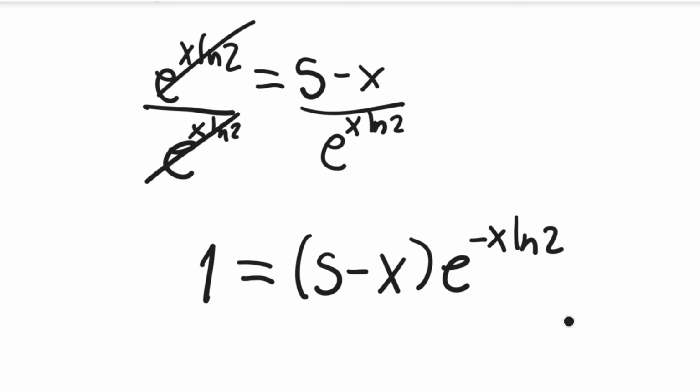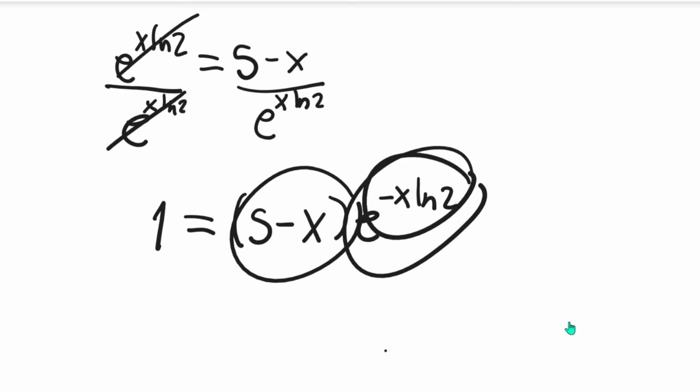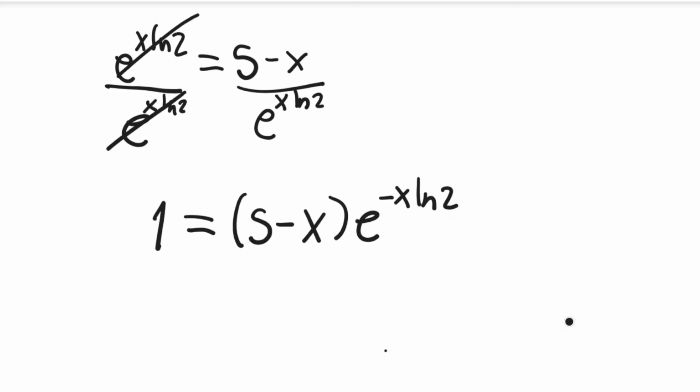And this is now getting into form because here we have minus x and minus x, but in order to get the omega function from here, we need the thing that is in the exponent and the thing that this is multiplied by to be the same. But minus x natural logarithm of 2 is not equal to 5 minus x.